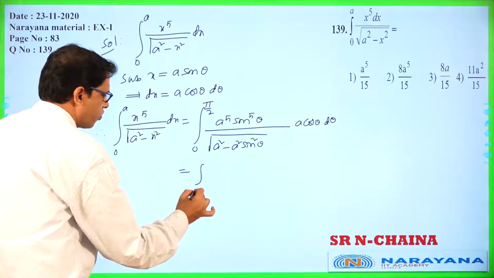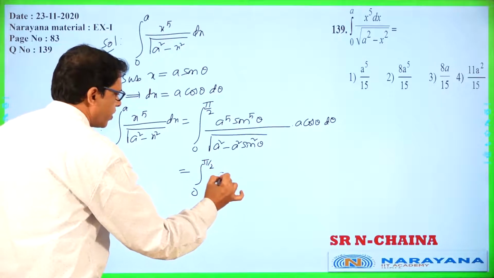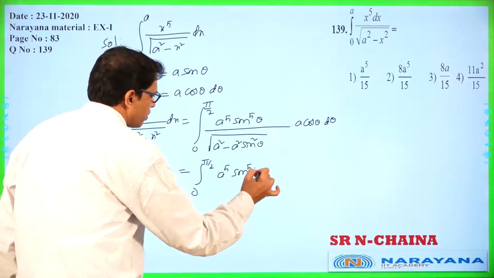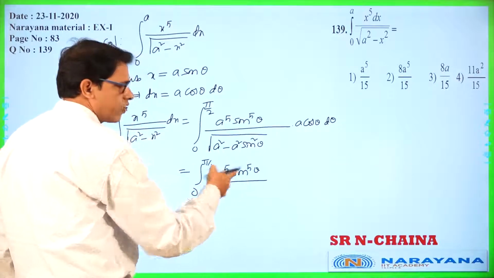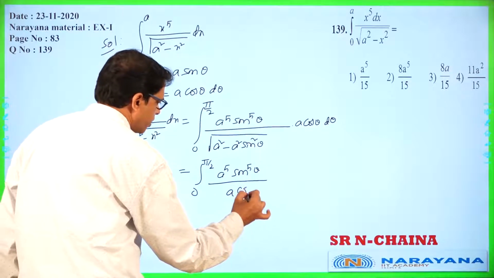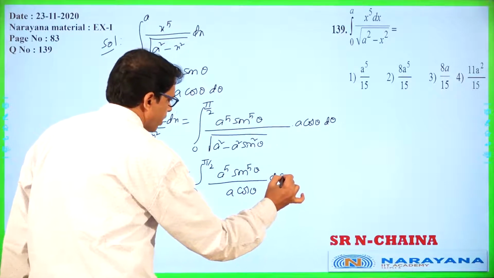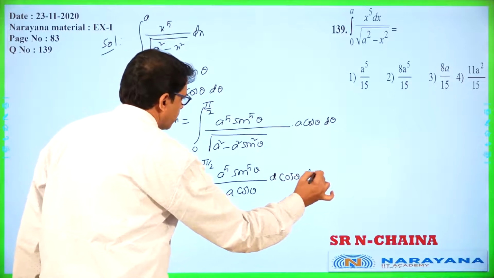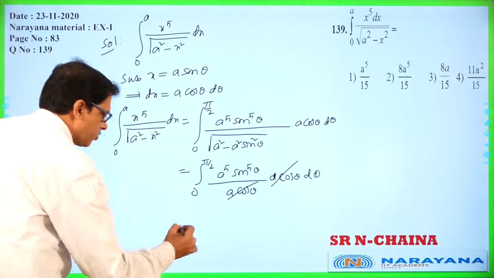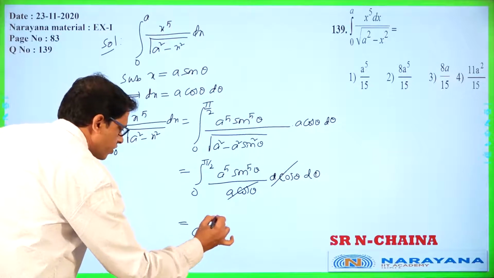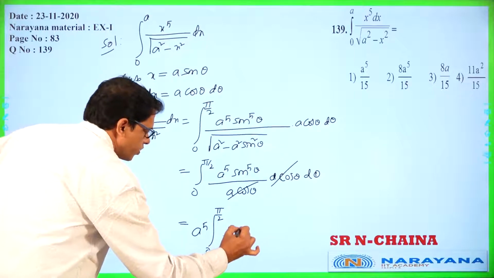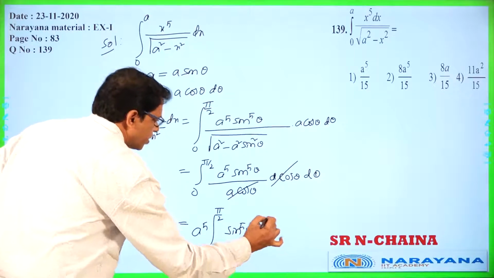That implies 0 to pi by 2, a to the power 5 sin to the power 5 upon, a square common, 1 minus sin square is cos square, root will be a cos theta, d theta. This will be a cos theta d theta. These two cancel out. A power 5 outside, that implies a to the power 5 into integral 0 to pi by 2 sin to the power 5 theta d theta.